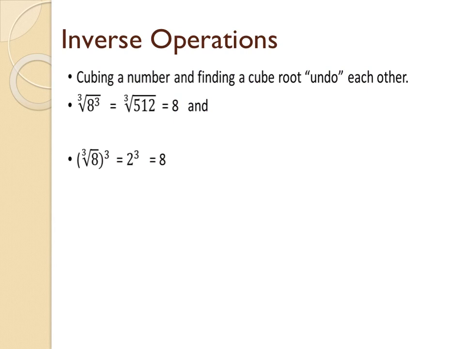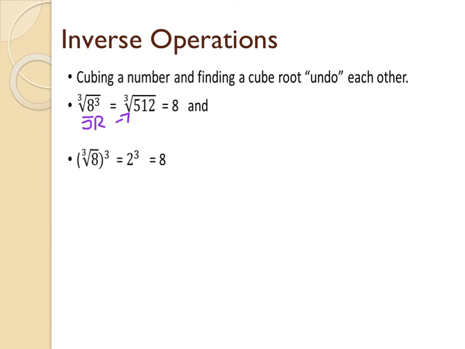Okay, inversing. Cubing a number and finding a cube root undo each other, just like squaring a number and finding the square root of a number undo each other. It's the same for the cube. So for my example here, if I cube 8, right here would be 512.